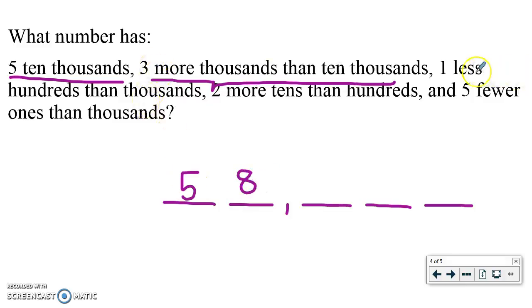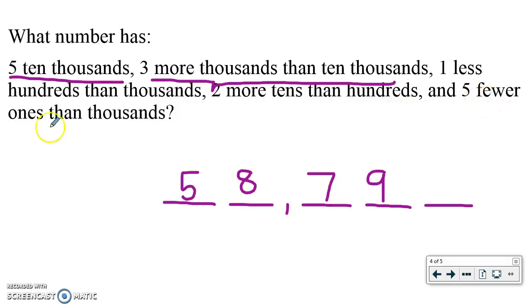Done with that. 1 less hundred than thousands. So it's going to be 1 smaller than 8, so it'd be a 7. 2 more 10s than hundreds. So I got to go 2 bigger than 7 here, which would be 9. And finally, 5 fewer 1s than thousands.